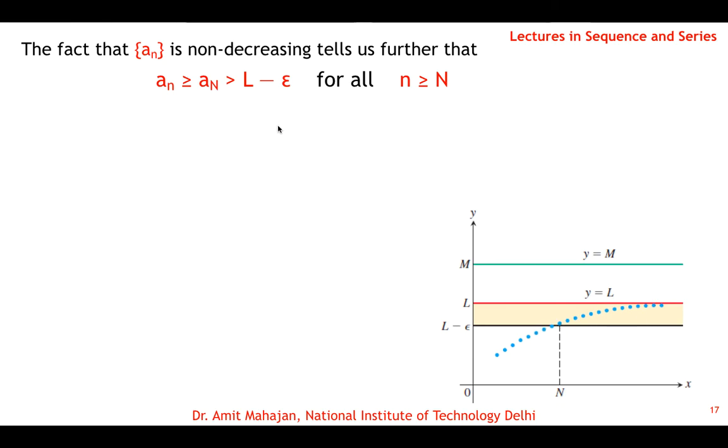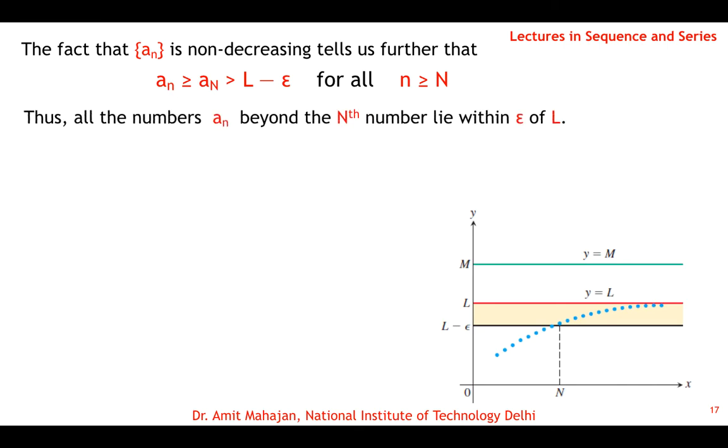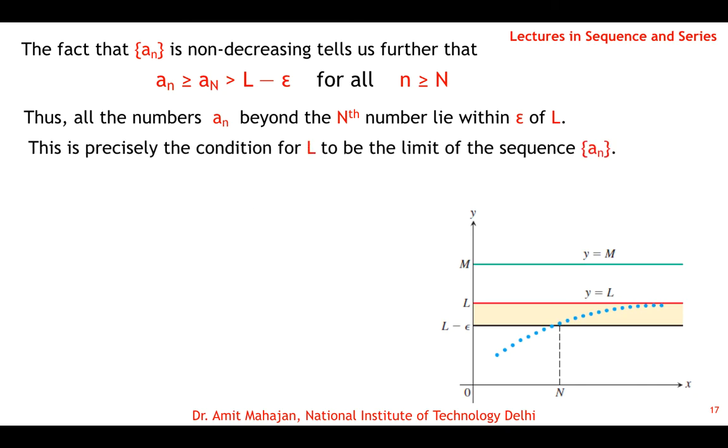So the points a_n beyond this point N lie within epsilon of L. After this point all the points of the sequence lie within epsilon distance of L, and that is exactly the definition of convergence of the sequence. And so we have that the sequence a_n converges to L.